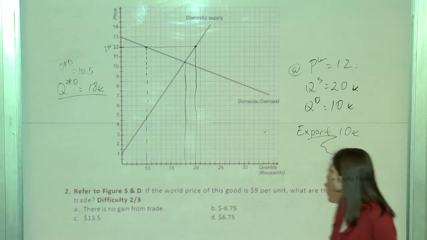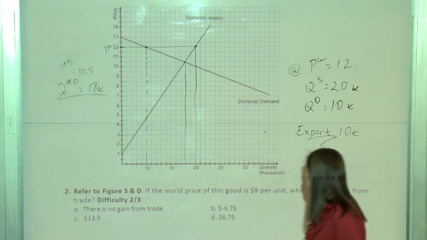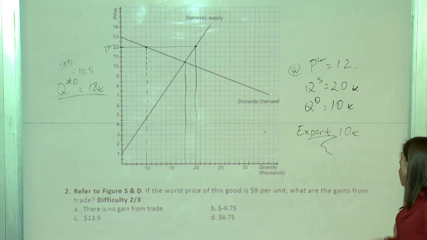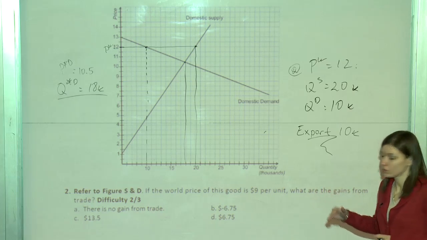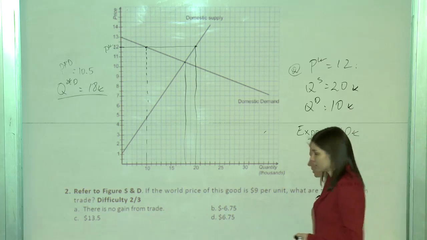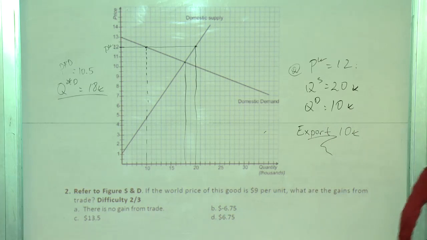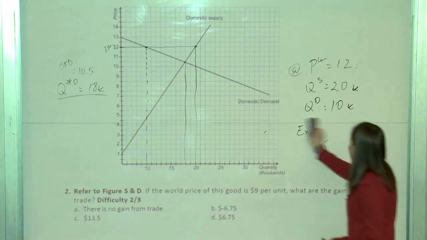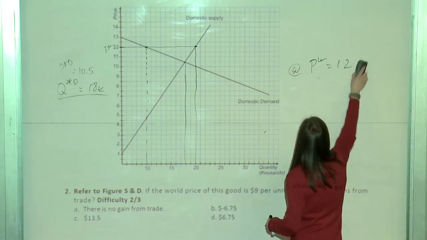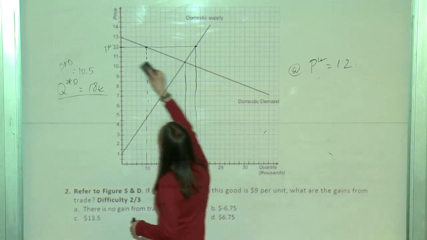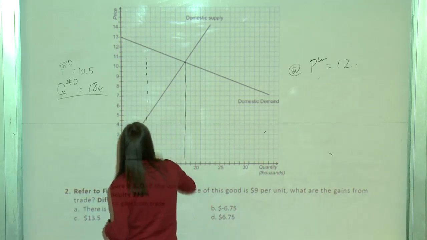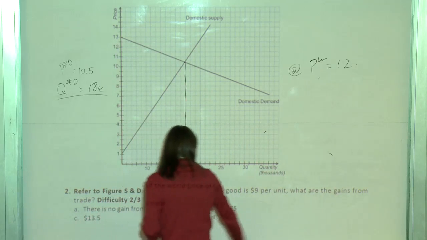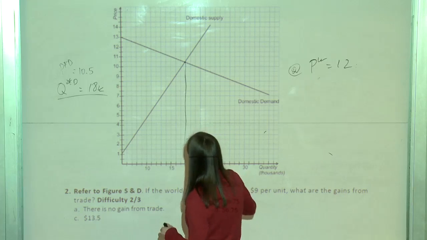Okay. If the world price of this good is 9 per unit, what are the gains from trade? All right. So now the world price is actually below the domestic equilibrium price. Where are we? Okay, so here we have a price of 9.